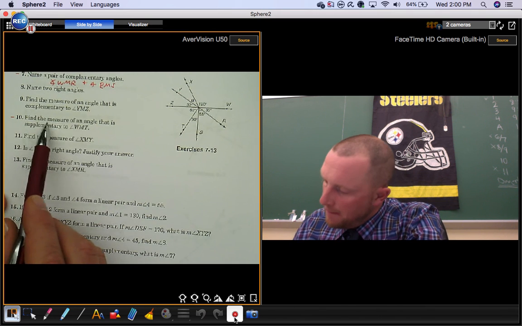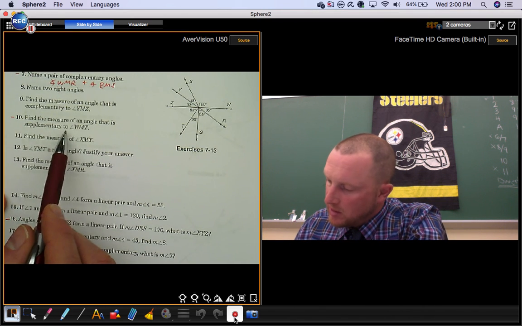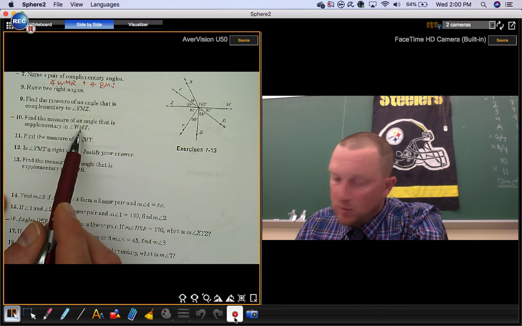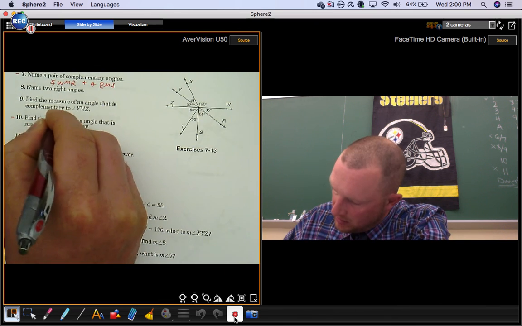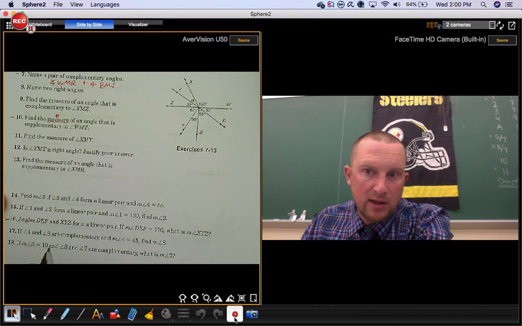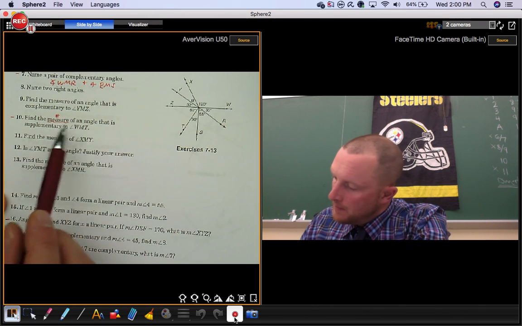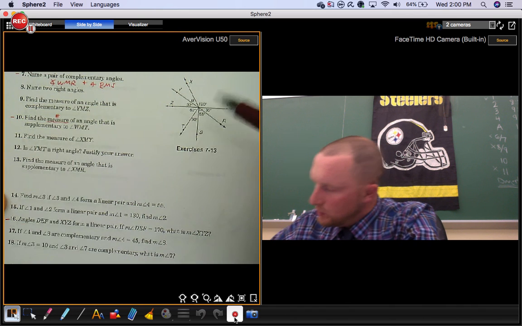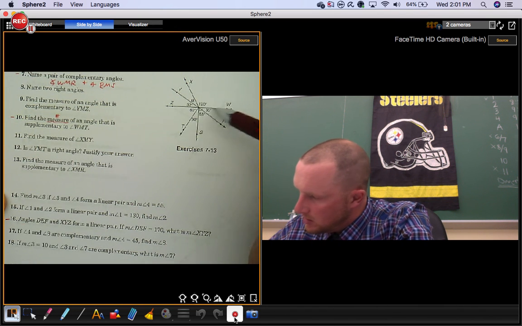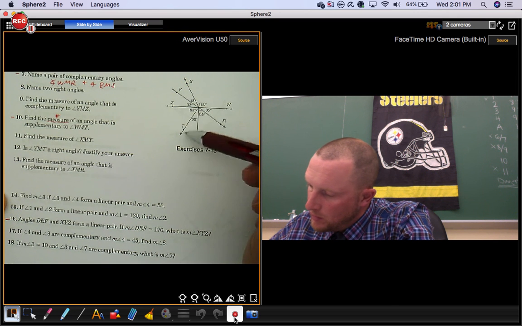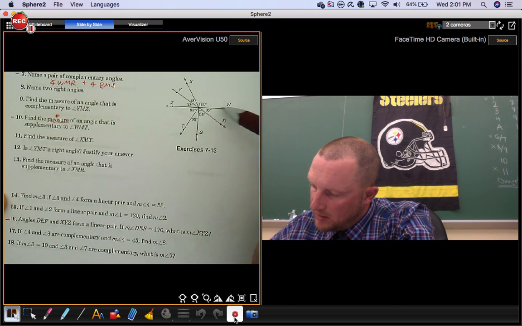Number 10, find the measure of an angle that is supplementary to angle WMT. Again, they're asking you for the measure. That means give a number. Don't name the angle, give a number. Supplementary to angle WMT. Here's W, here's M, here's T. Now if you want an angle that's supplementary to that, you could add up all these numbers.